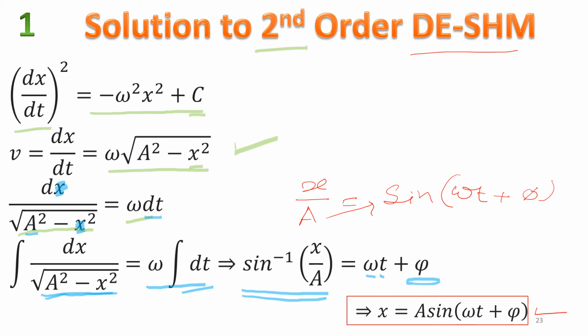So x is equal to a times sine of omega t plus phi, where a is amplitude, phi is the phase difference, t is the time variable, x is the position which depends upon time. Actually, this x should be written as x of t. So this is the very meaning of this x.